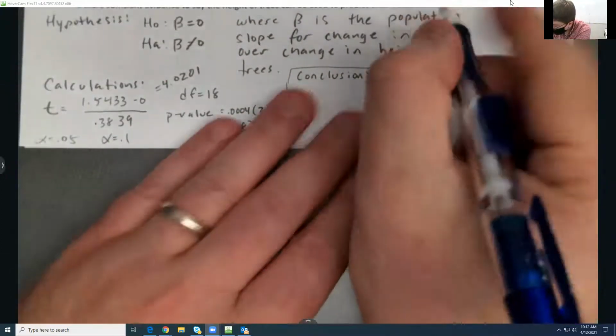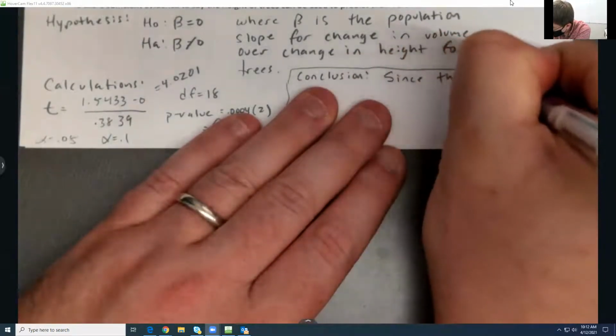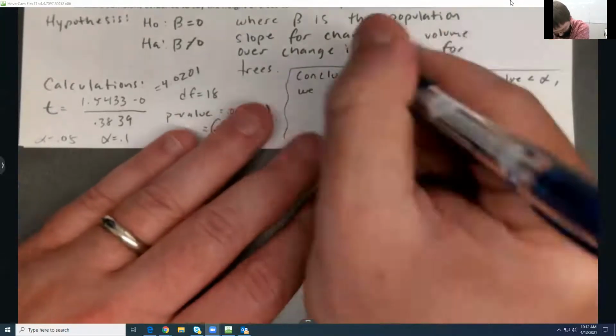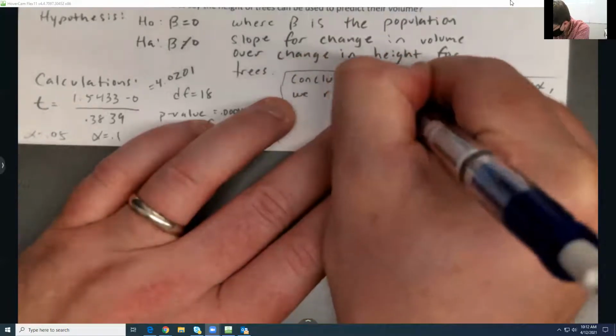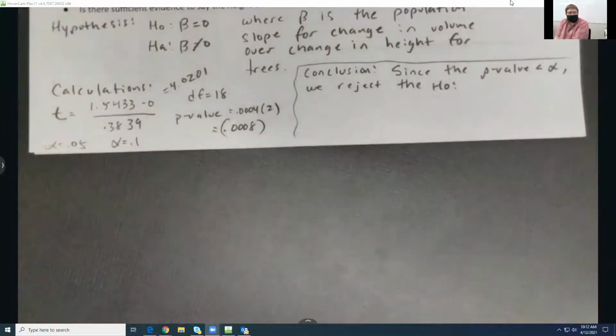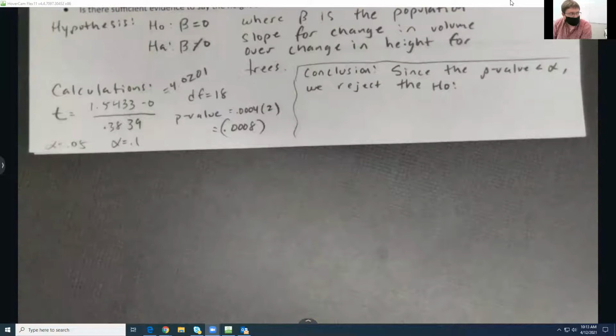All right, so since the p-value is less than alpha, we reject the HO. All right, so what does that mean to us? We reject the HO. We rejected that that's equal to 0, meaning we found enough evidence, that's what we're going to say in a second, that there is a change in our relationship between these two things.